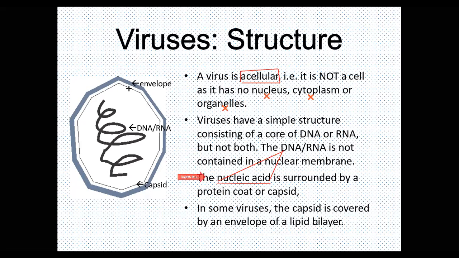Up to here it is called the capsid, and in some viruses there may be an extra, stronger covering, that is a bilipid layer, that is called the envelope. In this way, these are the general structure of virus.